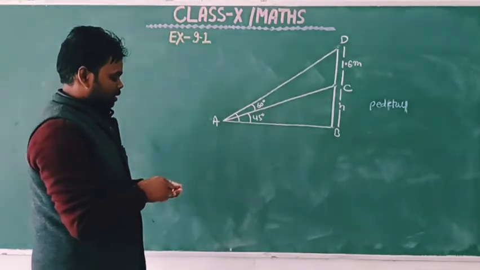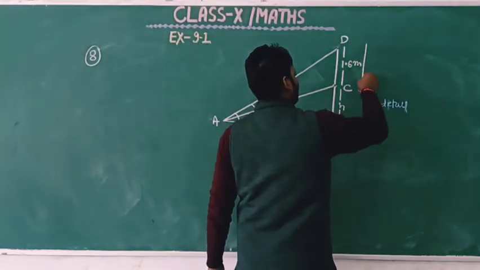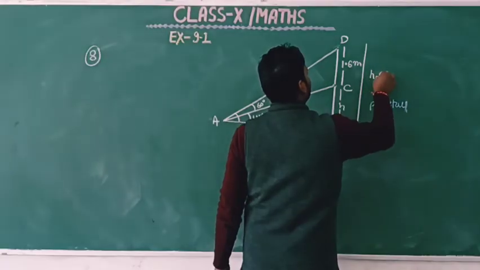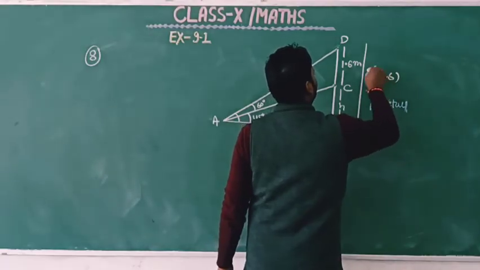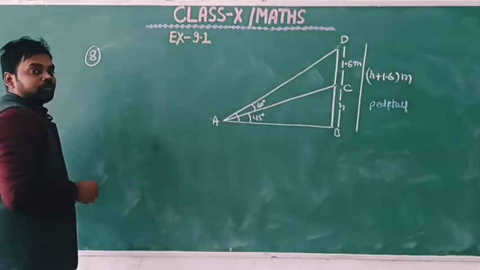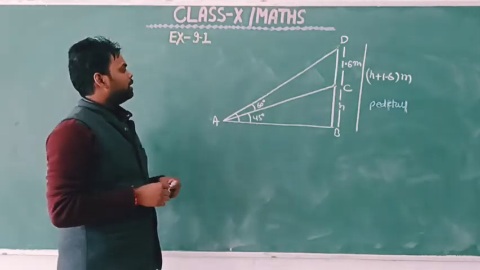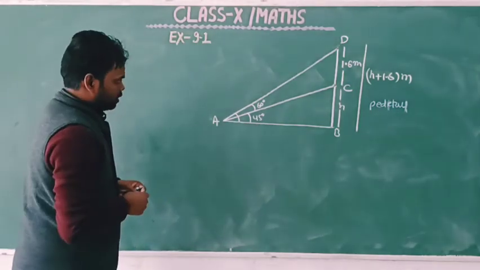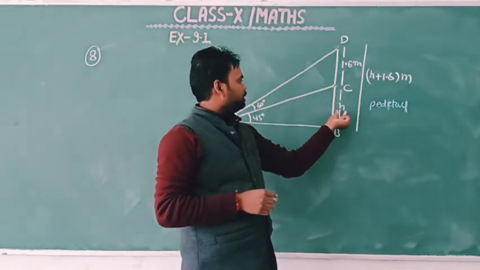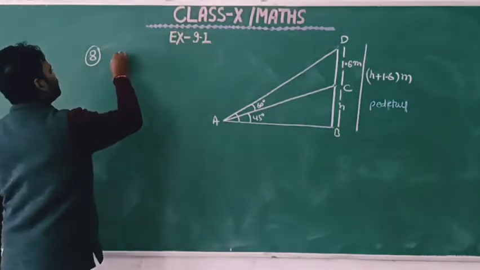Then we need to find the height of the pedestal. So the total height from B to D becomes h plus 1.6 meter. Now choose the tan trigonometric ratio, because we include BC and AB.